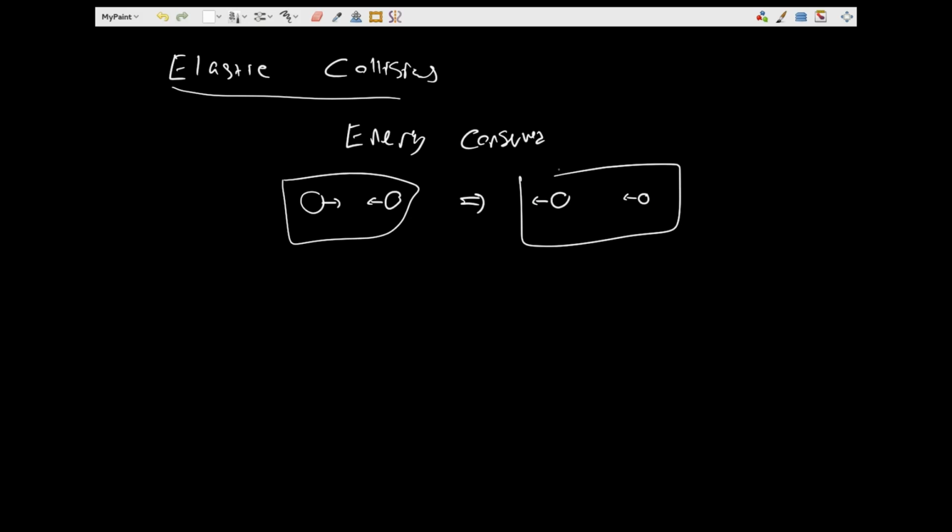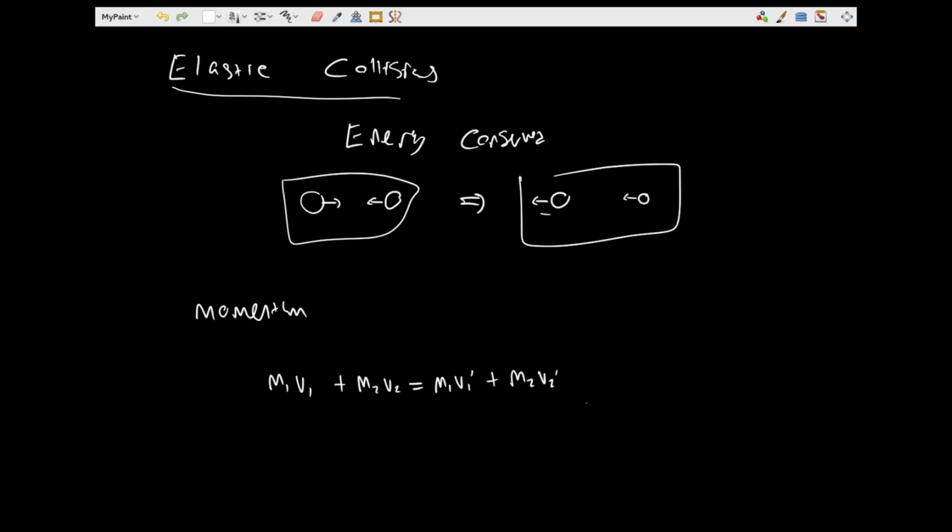And this complicates our equations a little bit, because no more can we rely simply on the conservation of momentum, because we see here that these are not moving at the same velocity. So we will have two unknowns with only one equation from the momentum conservation. So let's write that out. We have m1 v1 plus m2 v2 equals m1 v1 prime, is this one, plus m2 v2 prime.